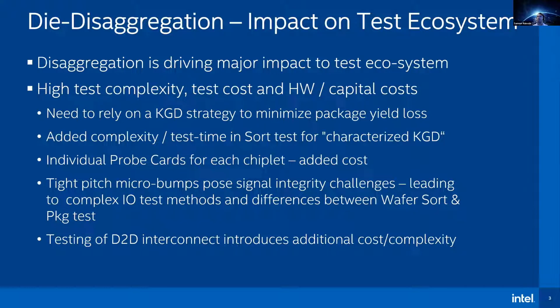Can we test them to the fullest extent with wafer sort technologies, or do we have to continue doing package test? And again, add to differences, add to test time, test complexity in our test space. In addition to all of this, all of the interconnect itself between these different chiplets in a disaggregated die introduces additional cost and complexity.